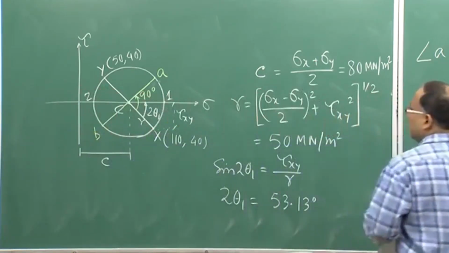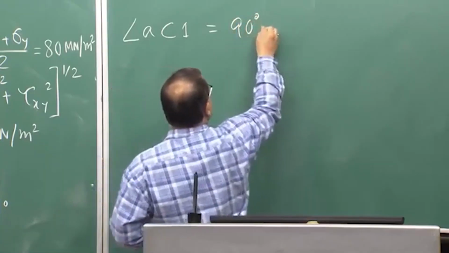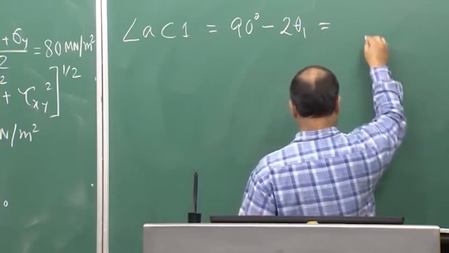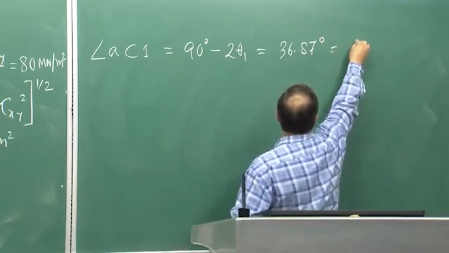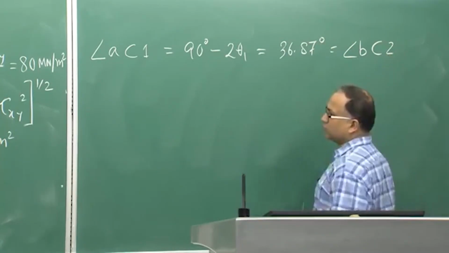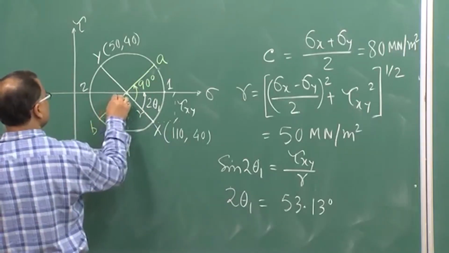So, angle AC1 is therefore your 90 degree minus twice theta 1, which gives me 36.87 degree, which is equal to angle BC2, obviously, this angle.